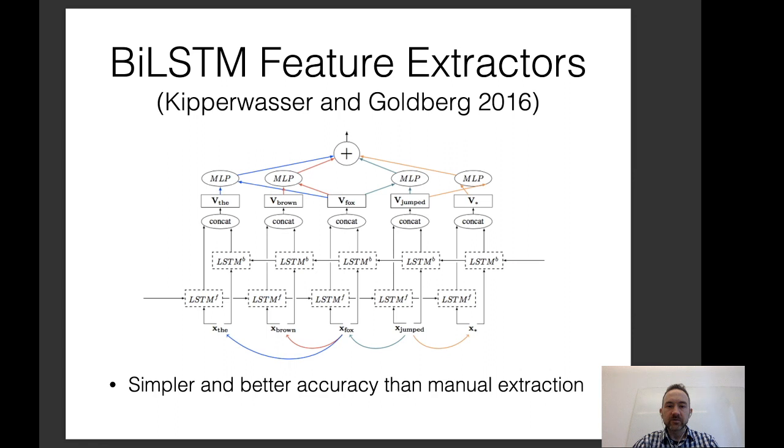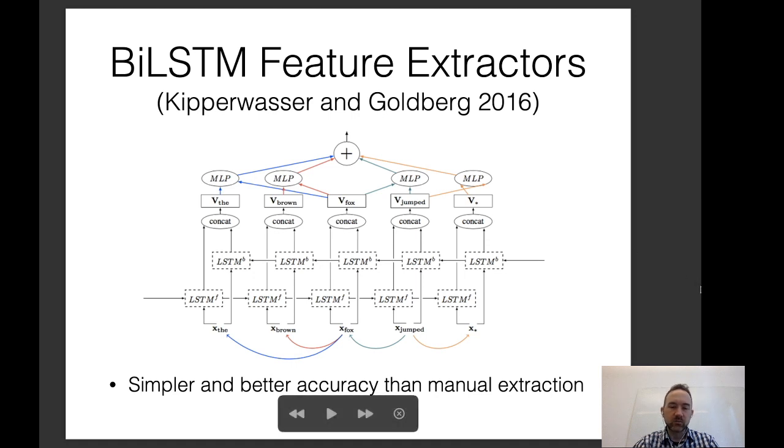There are lots of different ways to do this, but the general idea is that we want to extract features from the sentence for each word, and then compare the features between each word using an MLP to figure out which edges exist and which edges do not exist.